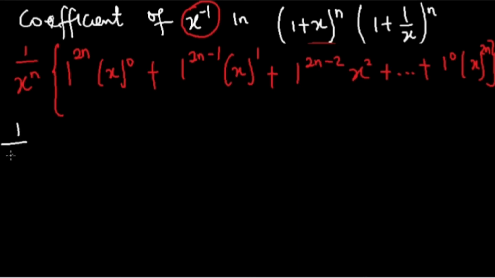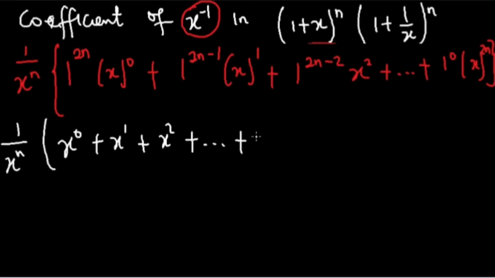So I still have 1 over x^n into, 1 raised to the power anything will still be 1, so I'll just have x^0 plus x^1 plus x^2, to the point where we'll have x^(2n). Now this is following a particular process: 0, 1, 2, 3, 4, 5, to the point we have 2n.